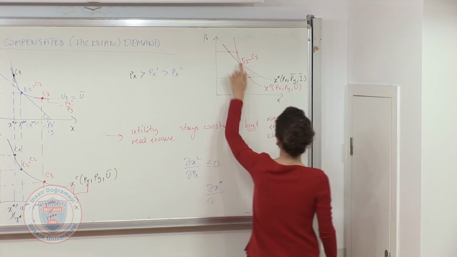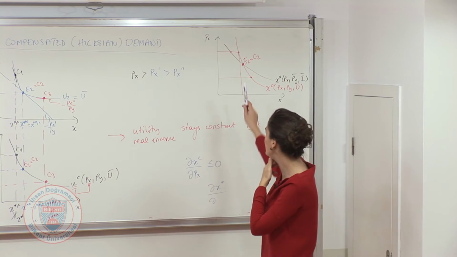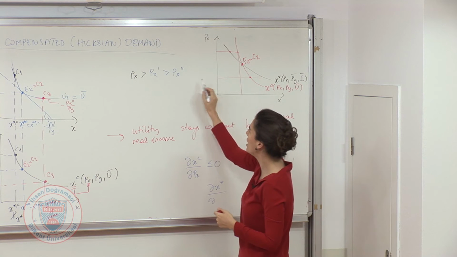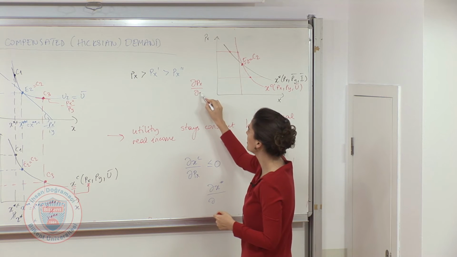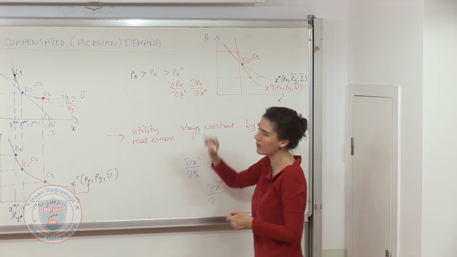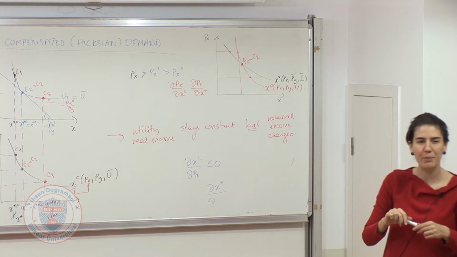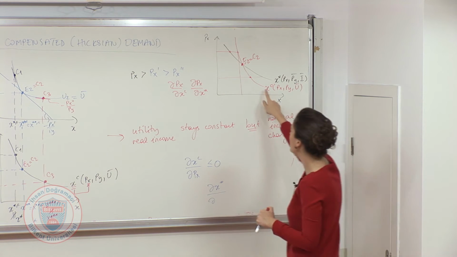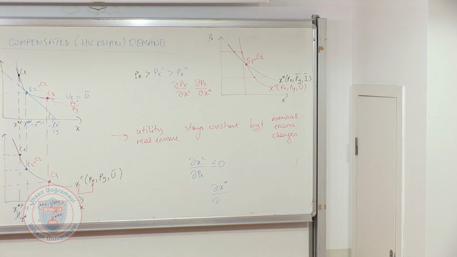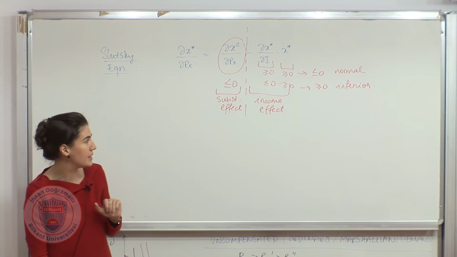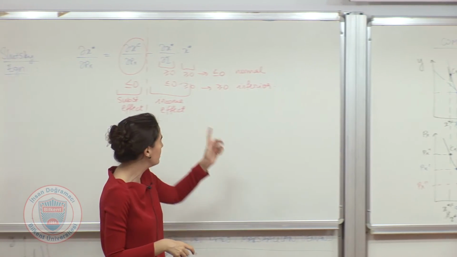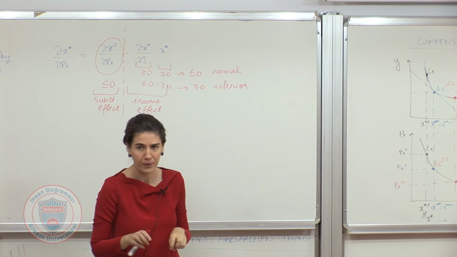So don't forget that the slopes of these curves are basically this, right? And this, okay? So just keep that in your mind. Remember, we said that the one that we draw here is not exactly the demand curve, but the inverse demand curve, okay? So if you want to derive it, you can also derive it from the Slutsky equation, okay?